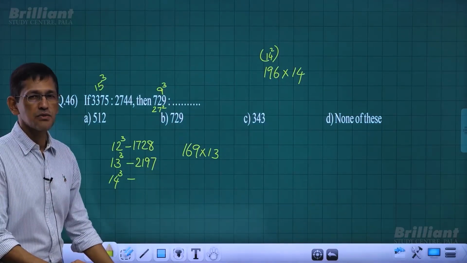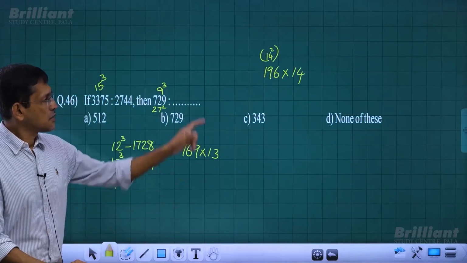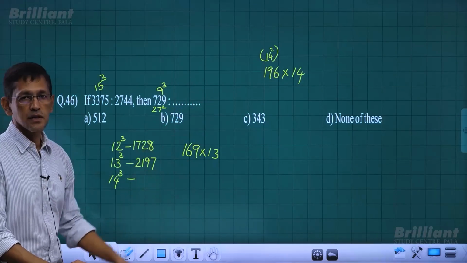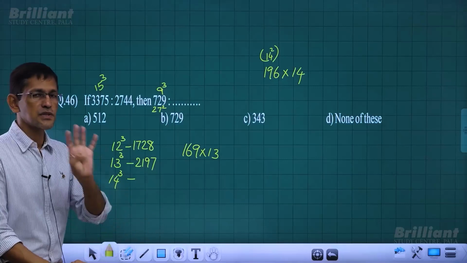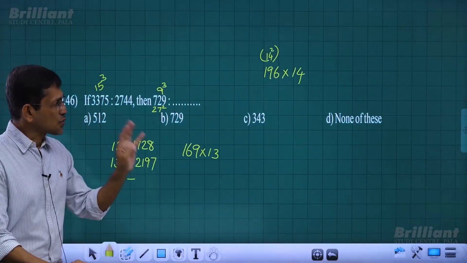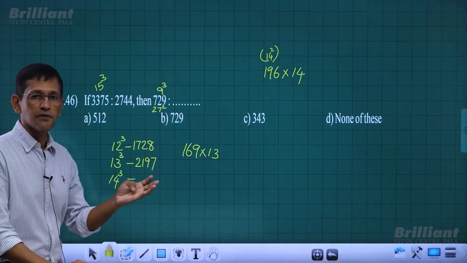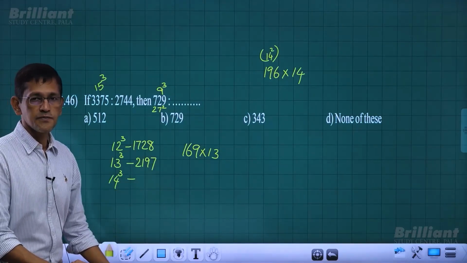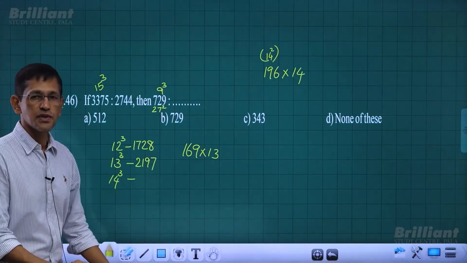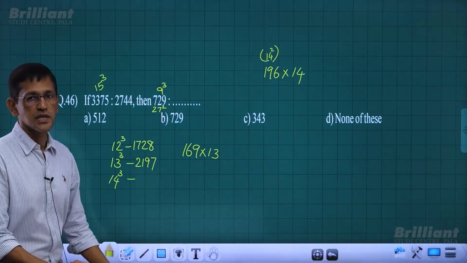But we don't need to multiply 200 with 14. What we need is 196. The difference between 200 and 196 is 4. So 4 into 14 must be subtracted from 2800. So how much is 14 into 4? 14 into 2 is 28, so 14 into 4 is 56.